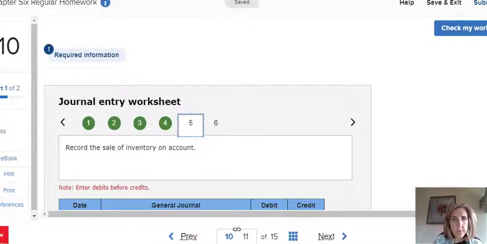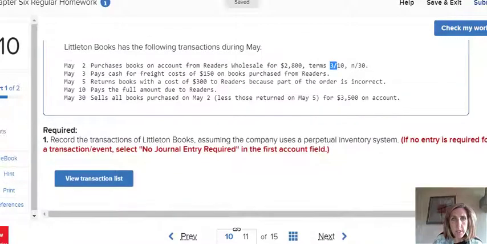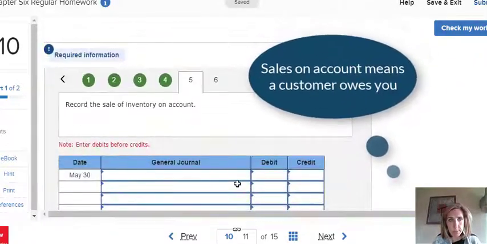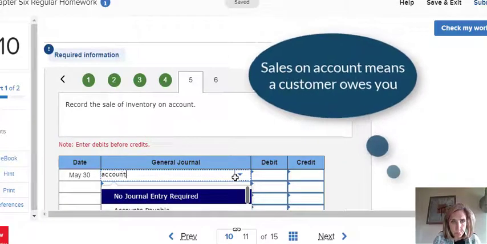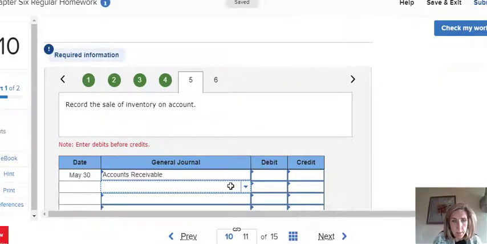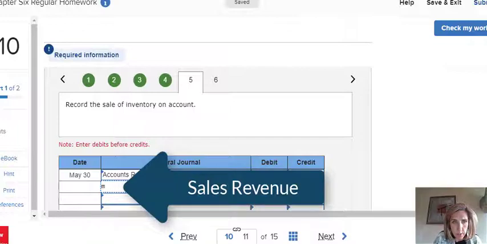I'm going to sell the inventory. This should have 2 journal entries. The selling of the inventory says all of the books purchased on May 2nd were sold on account. So that amount in the journal entry here is what I'm going to debit accounts receivable and credit revenue for. Debit accounts receivable and credit merchandise revenue.